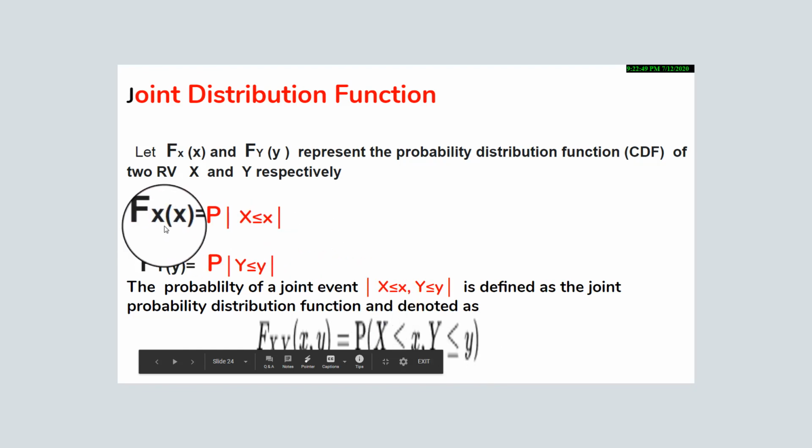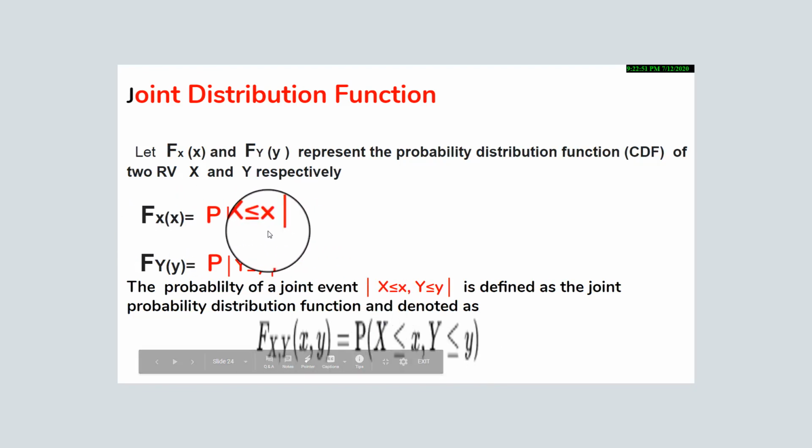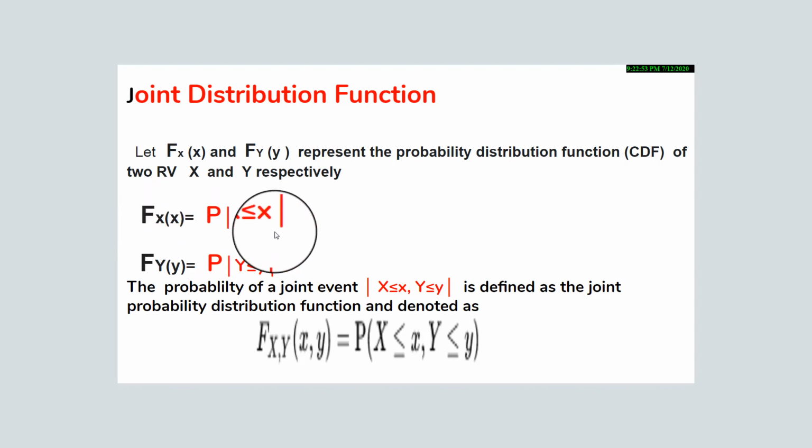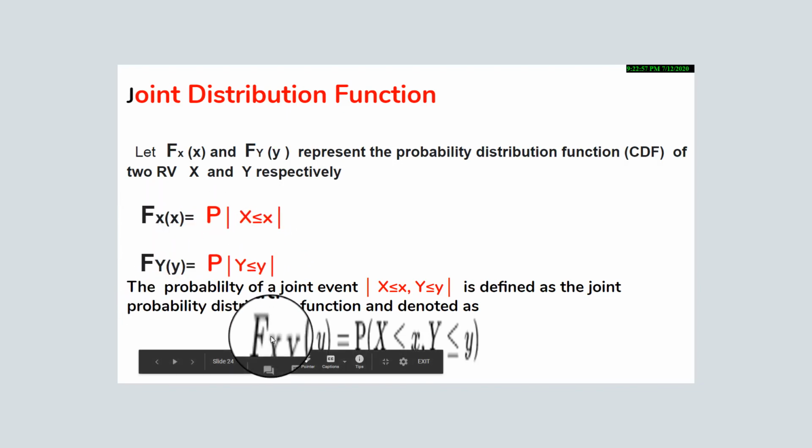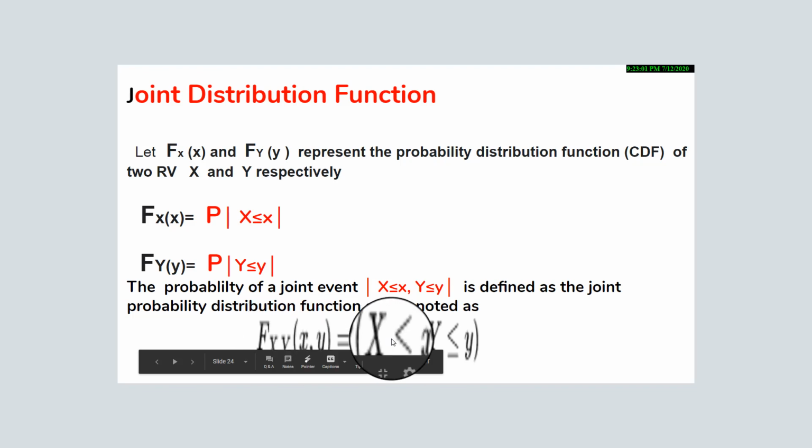What was written earlier is only for a single variable. I can write a single variable separately, another single variable separately, but since it is joint, it should always be mentioned with both x and y in the picture.